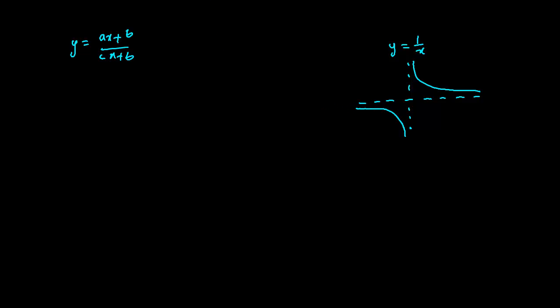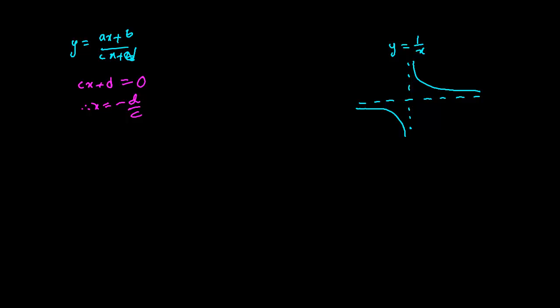Now what we need to do is find the equation of the vertical asymptote, and that means the asymptote of x. So cx + d, let me call this d, equals 0. Therefore x = -d/c. That is the vertical asymptote.